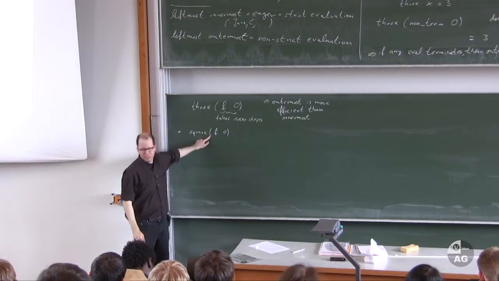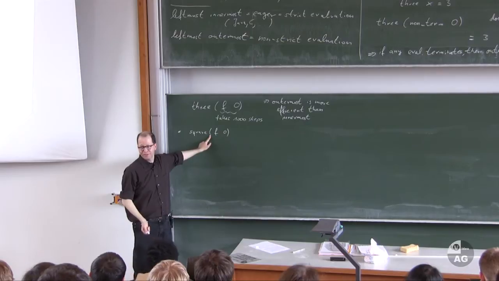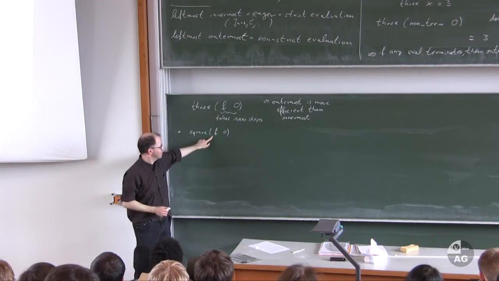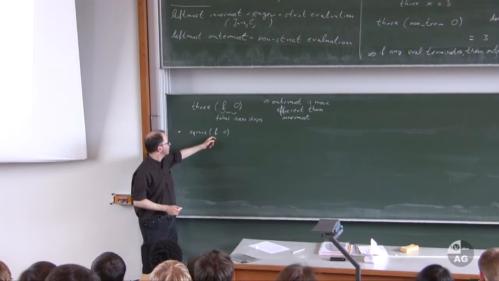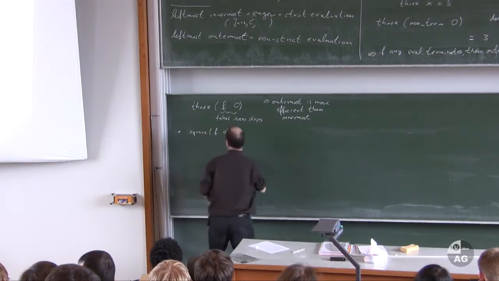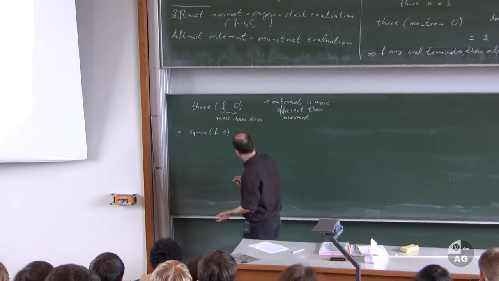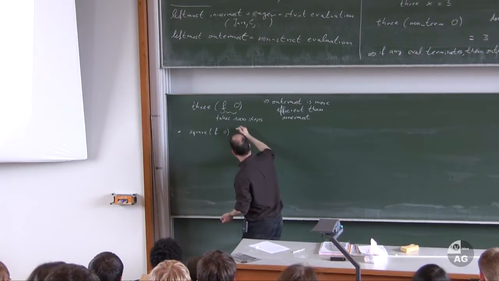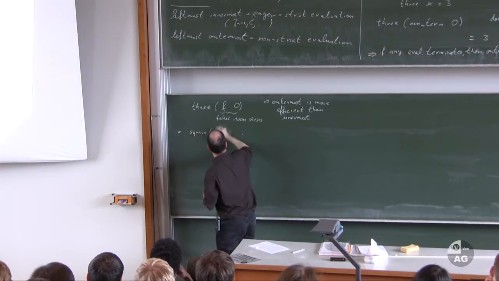So how many evaluation steps do I need for outermost? How many do I need for innermost? Innermost does not change. It's 1,001 steps. Right? The outermost, it's 2,001. Exactly.